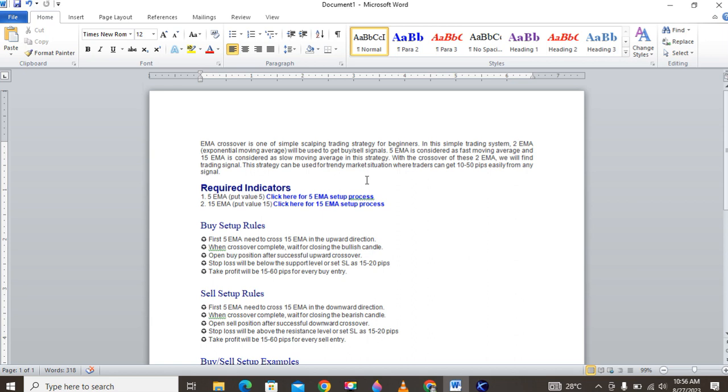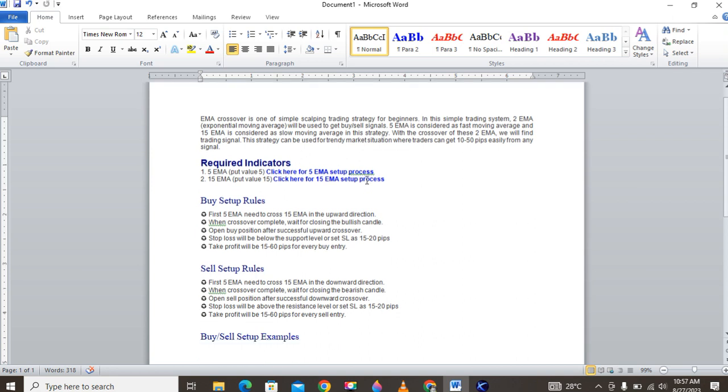The 5 EMA is considered as fast moving average and 15 EMA is considered as slow moving average. That is what we're going to be using in this strategy. With the crossover of these two EMA, we'll be able to find trading signal. We'll be able to find a perfect entry.